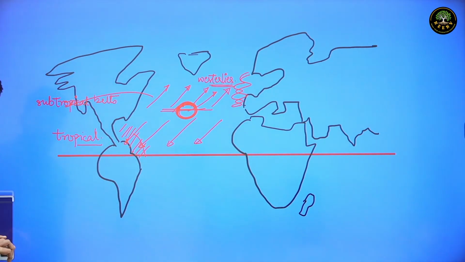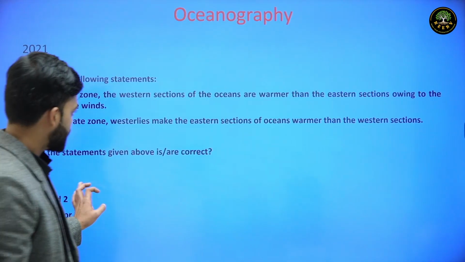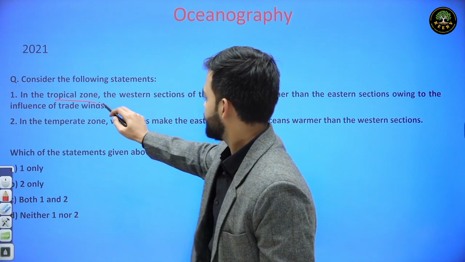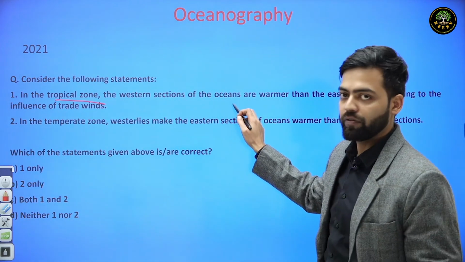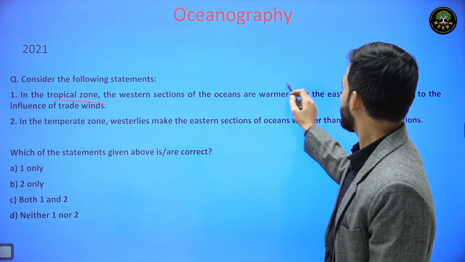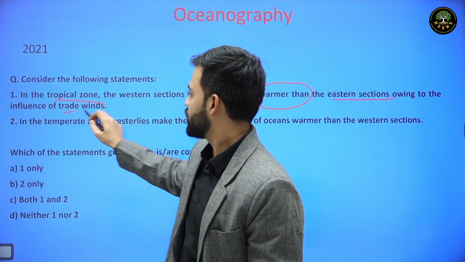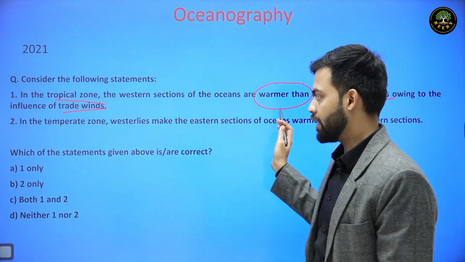Now if we look into this question, in the tropical zone, the western sections of the ocean are warmer than the eastern sections of the ocean owing to the influence of trade winds. We already saw that in the diagram.